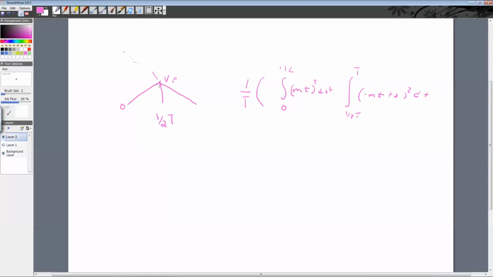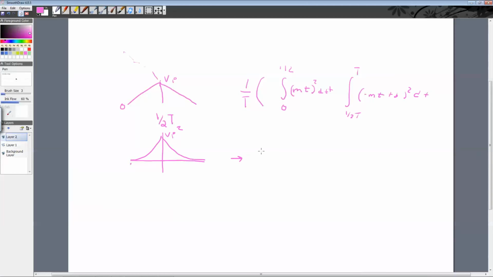Well, let's make our life easier and ask what we are really integrating. That's going to be Vp squared, and it's symmetric. So if I integrate from here to here and multiply by 2, that should be pretty good.